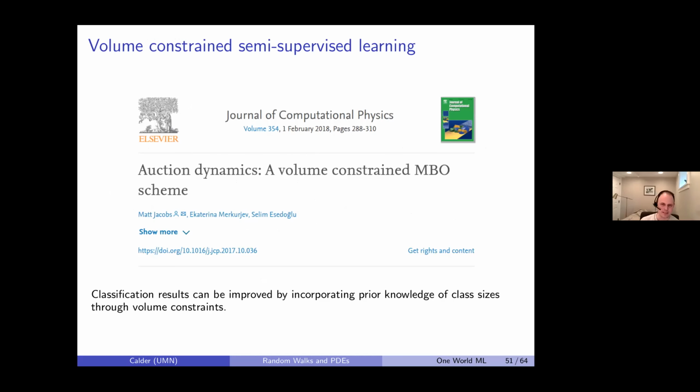Let me briefly say that you can improve these results by adding volume constraints, which is to add prior knowledge of the size of each class into the classification algorithm. We were inspired by a paper by Matt Jacobs, where they constructed a volume constrained MBO scheme for various applications, one of them being graph-based learning.